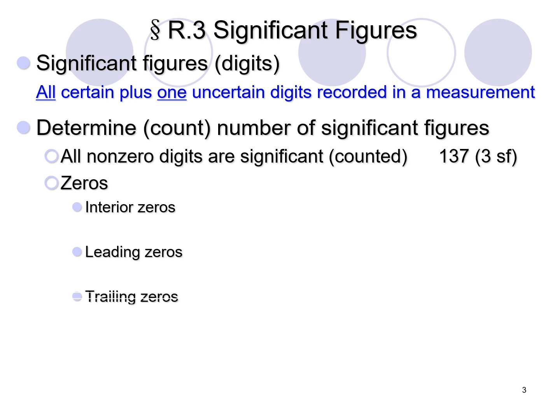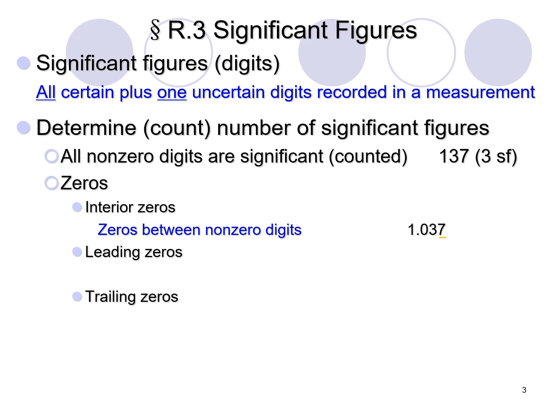But when we have zeros, things become a little more complicated. Interior zeros are the zeros between two non-zero digits, like in 1.037. I'd like to remind you the last digit is uncertain, so the digit 7 here is uncertain.